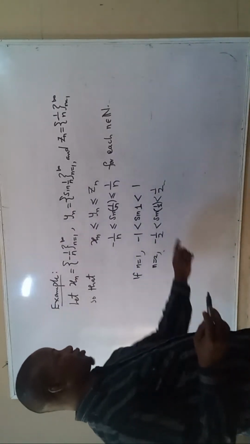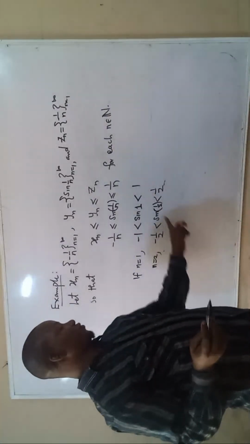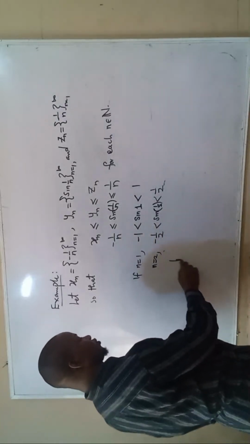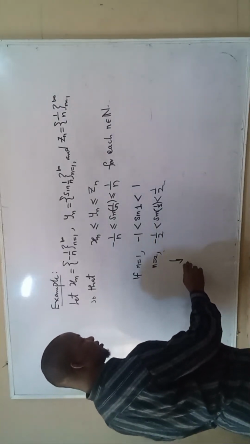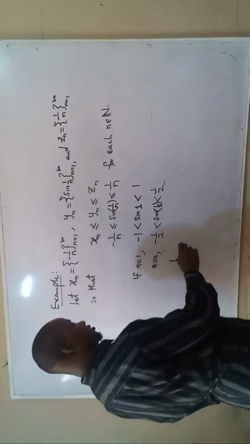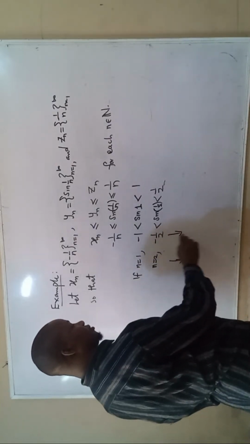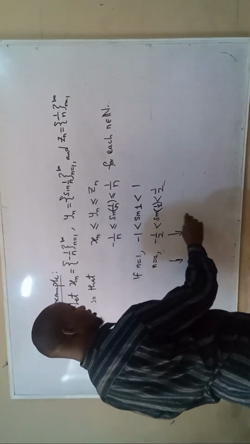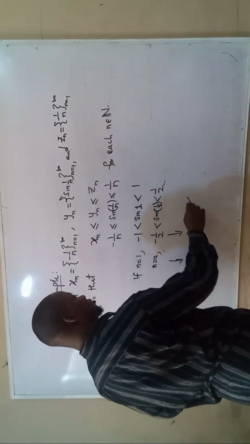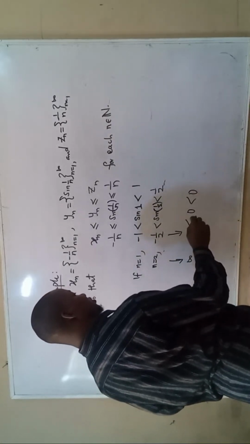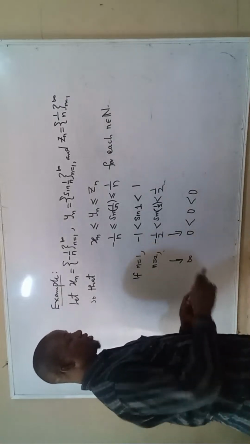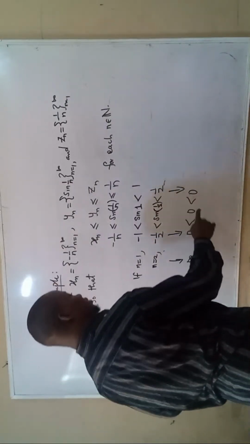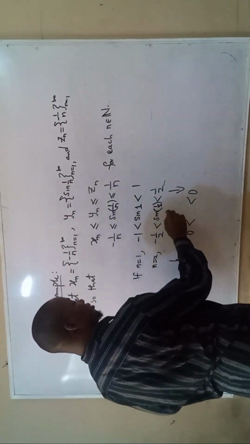Because we do not have information about the convergence of this, as n approaches infinity, the last term is 0, this will be 0, and this will also be 0. So that is what we are saying. Suppose we do not have any information about this.